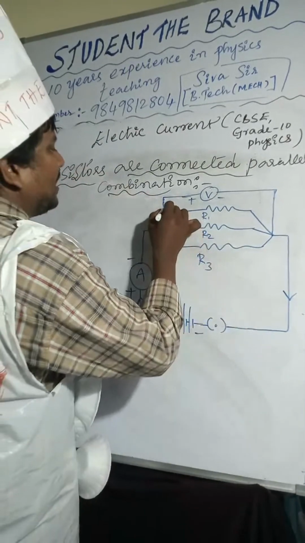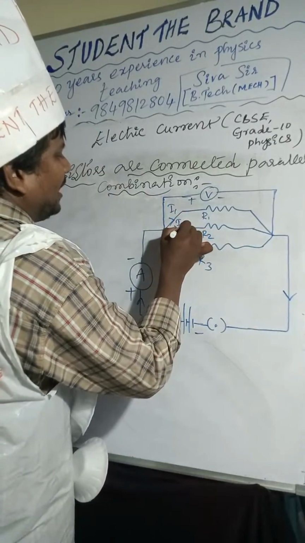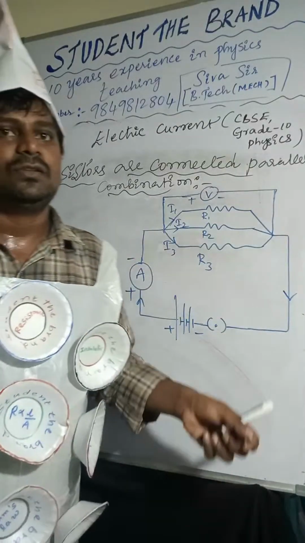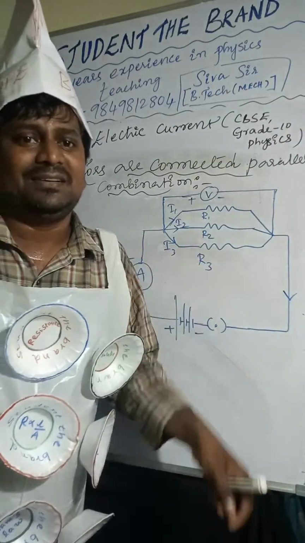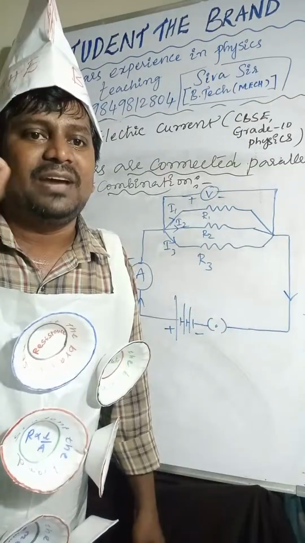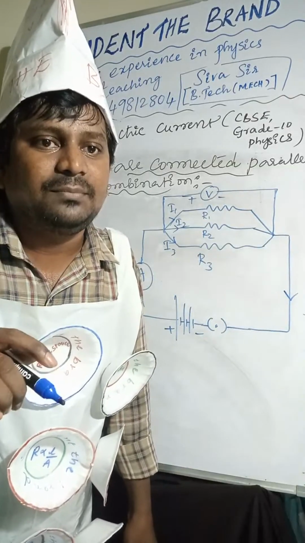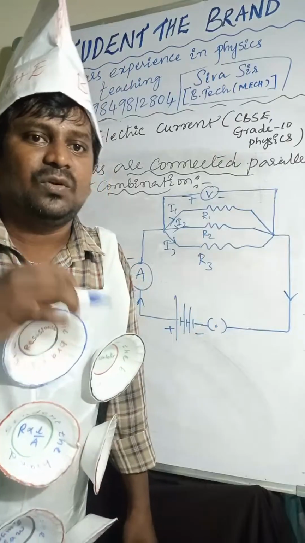I1, I2 and I3. In a bridge also, at the junction the current is dividing, so it is a parallel combination. If the current is dividing, voltage is the same. Very important: voltage is the same.